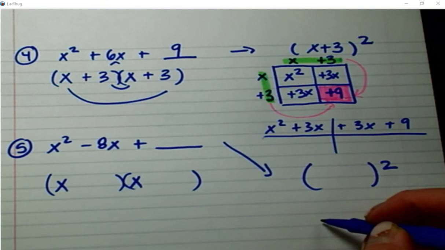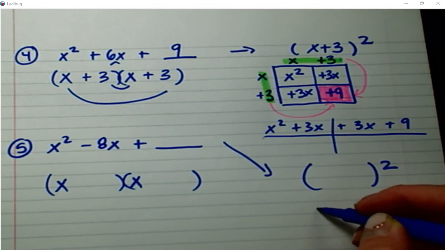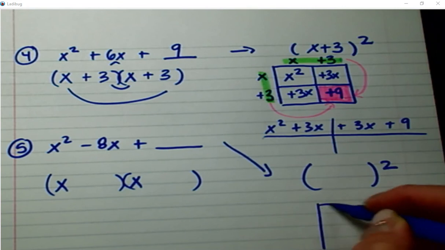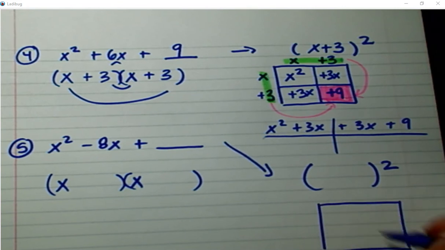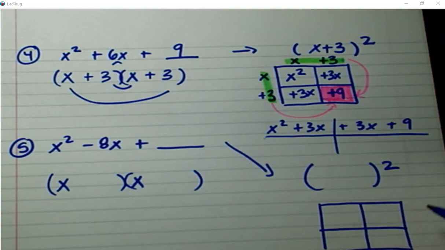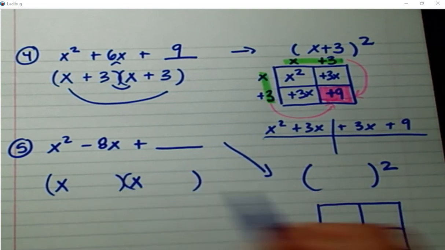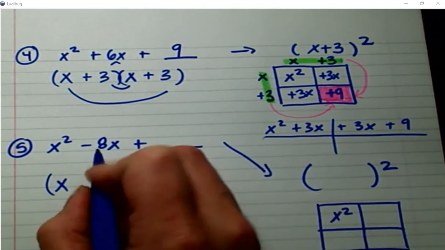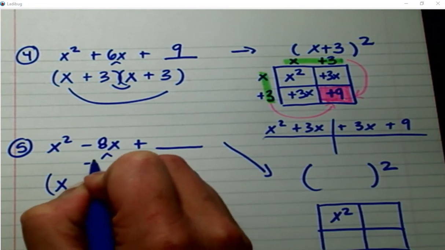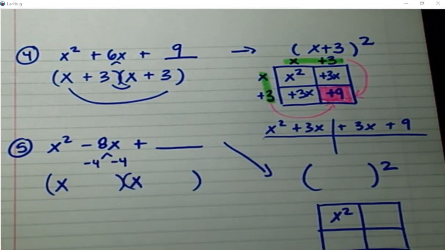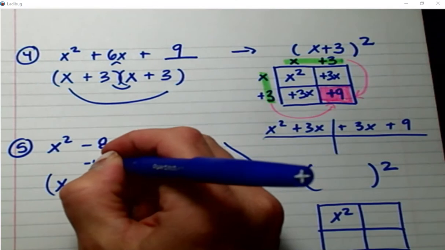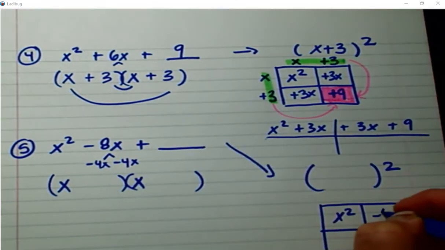I like multiple visual cues to help me. Write out my box. Okay. So because it's a perfect square trinomial, I have to split my term evenly. So that's minus 4x and minus 4x.